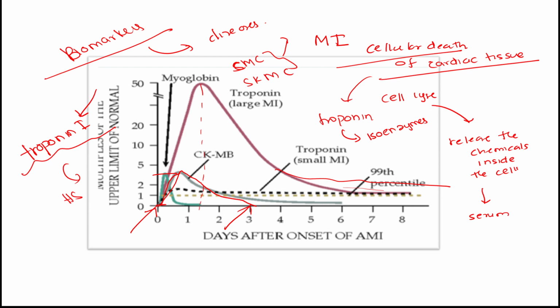Now this is evident in an enzyme which you see in creatine kinase. But again, creatine kinase is not specific to heart muscle cells. Why is that? Because it is found both in kidneys, skeletal muscles, and in small levels in other tissues as well. So not very specific. But does it have an important function in MI management?